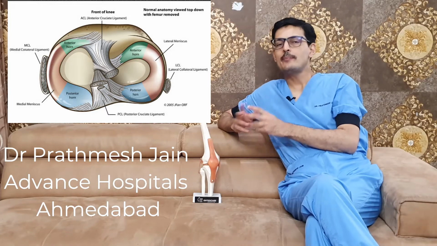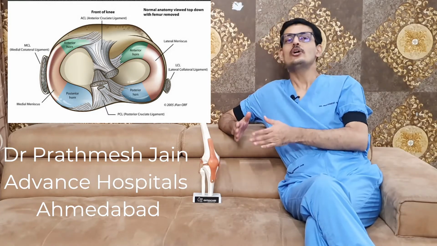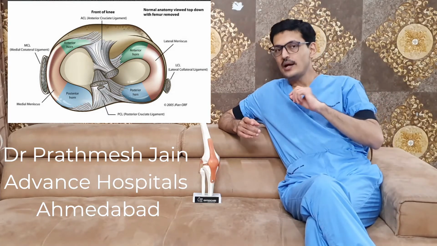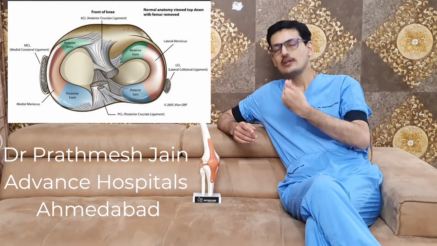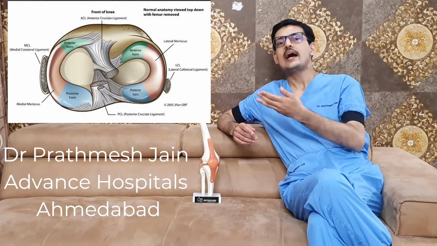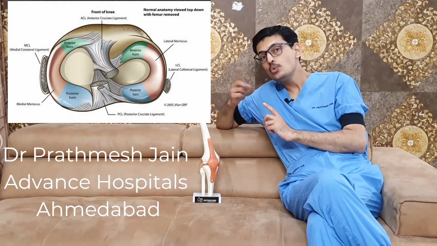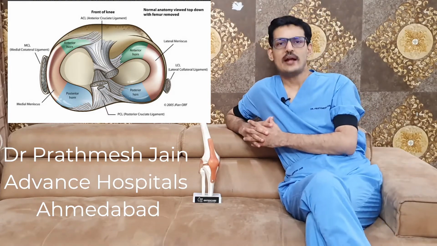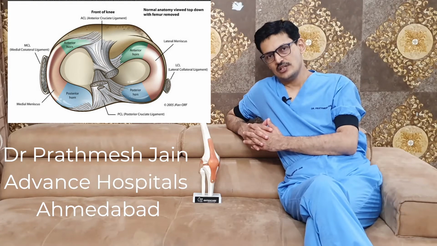So whenever a patient has a ligament injury, there is a high chance that he might have a concomitant lateral meniscus injury. But if the patient has a primary ACL injury and keeps on walking for a long time, there is a high chance that over the course of time he may develop a new medial meniscus tear. So this is the difference in mechanism of medial meniscus tear and lateral meniscus tear.